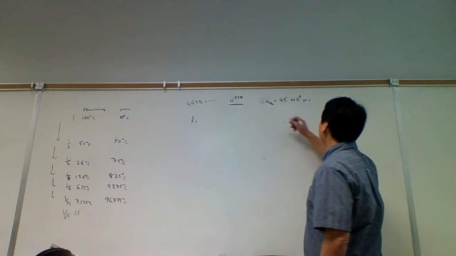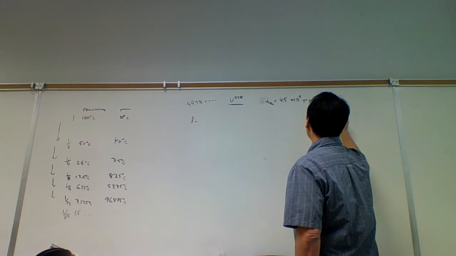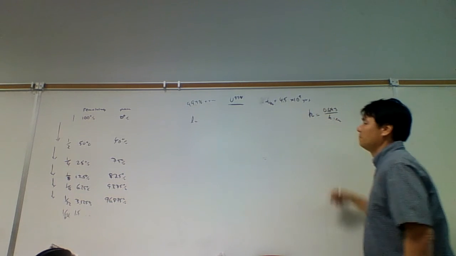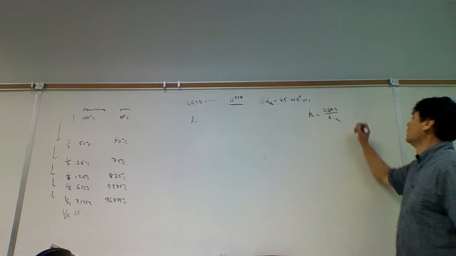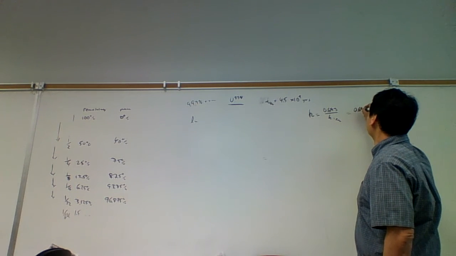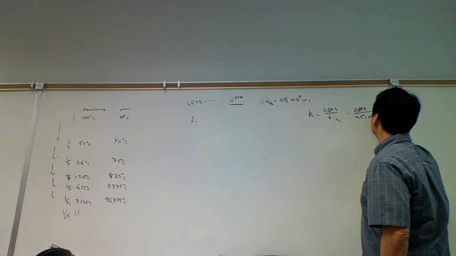And therefore, k is equal to 0.693 divided by t1/2. This comes from the t1/2 equation for first order. And so this is 0.693 divided by 4.51 times 10 to the 9th years.